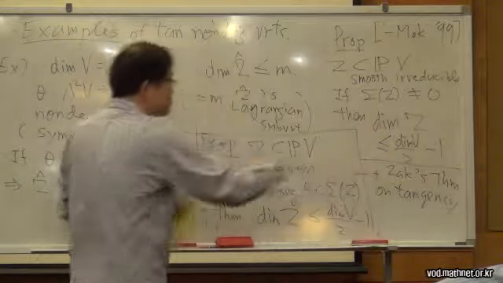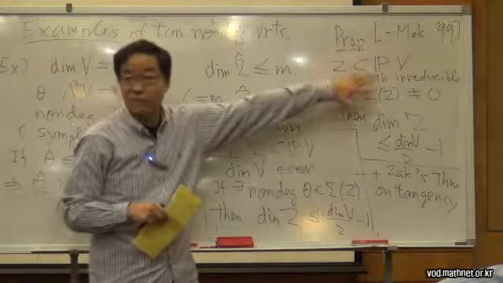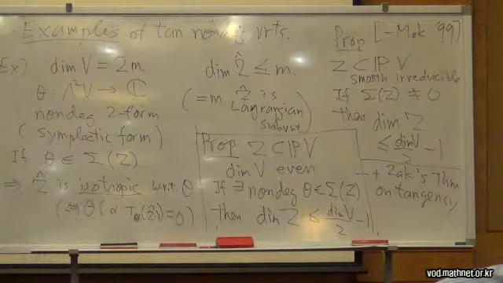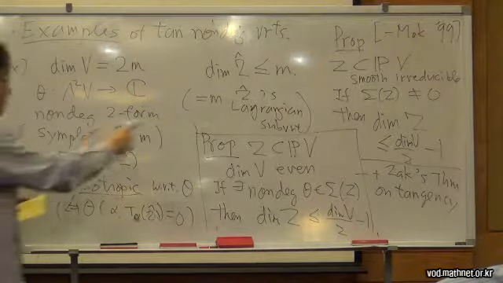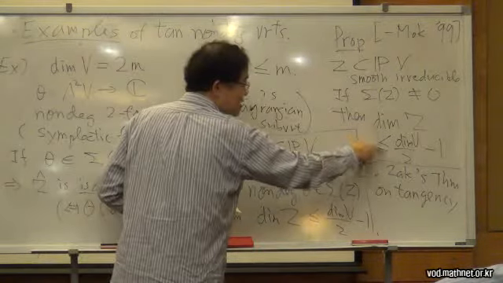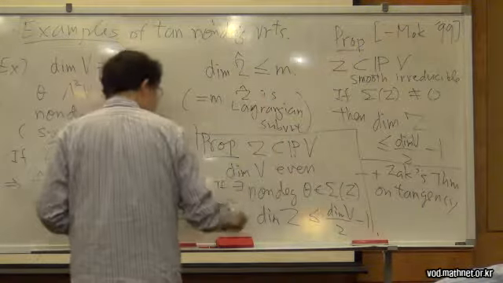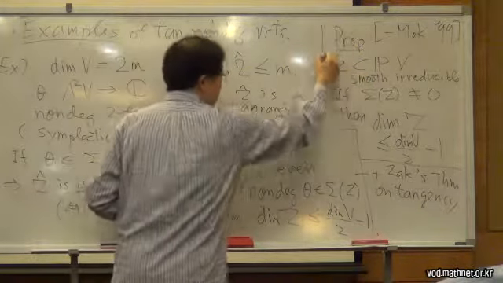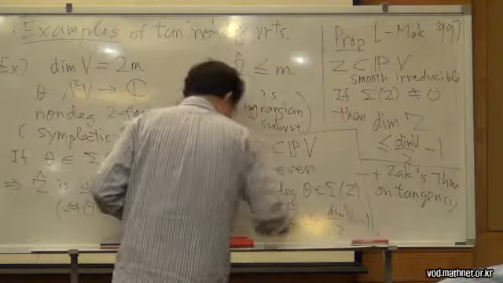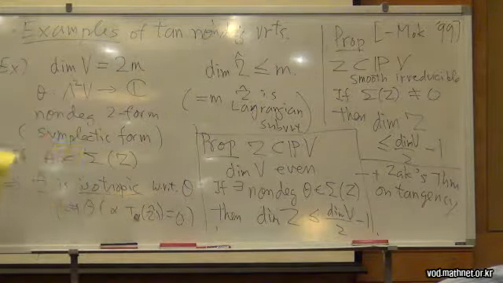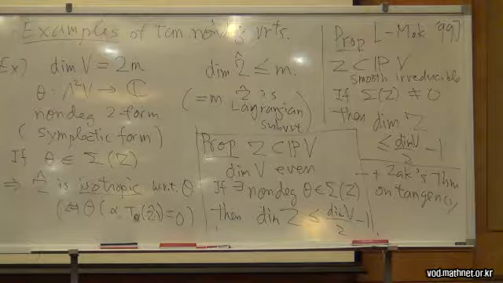Combining these two, you can generalize this to this form. So any subvariety of small codimension, small meaning bigger than half of the ambient dimension, is tangentially non-degenerate if it's smooth. That's the proposition. So this means that many smooth varieties are tangentially non-degenerate.